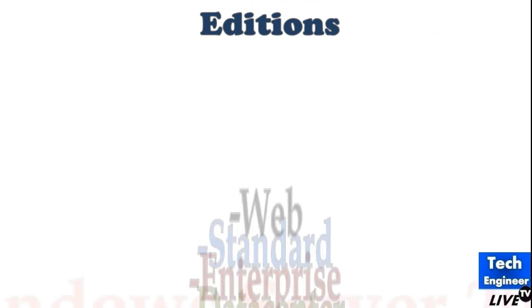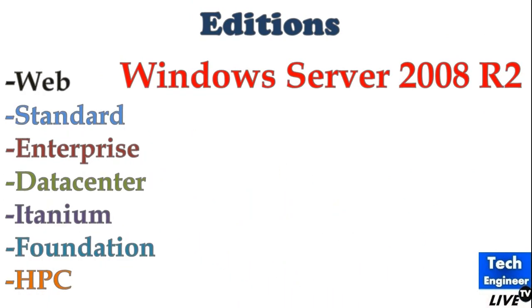Now, when you talk about the editions, as I mentioned, the editions were changed. Windows Server 2008 R2 had the editions Web, Standard, Enterprise, Data Center, Itanium, Foundation, and HPC.